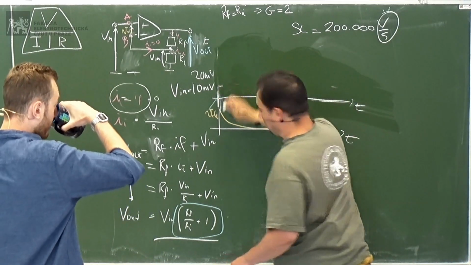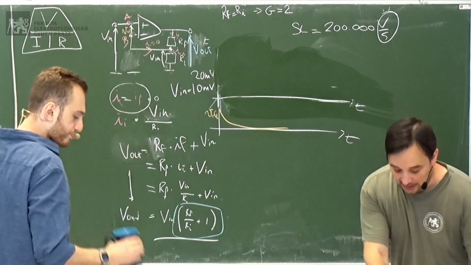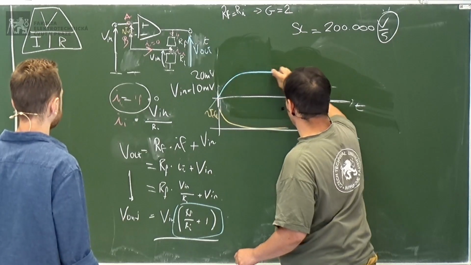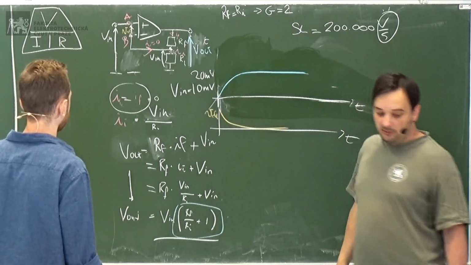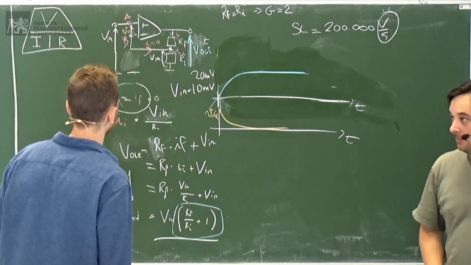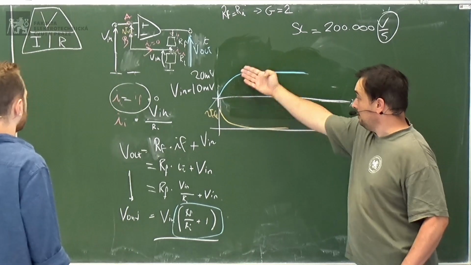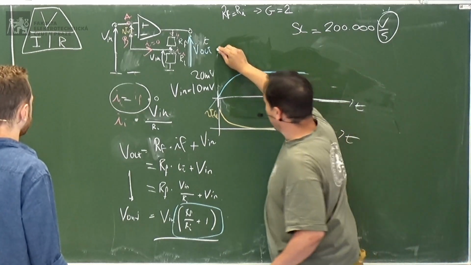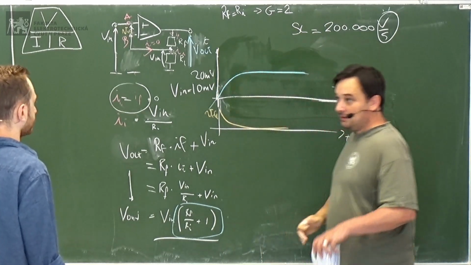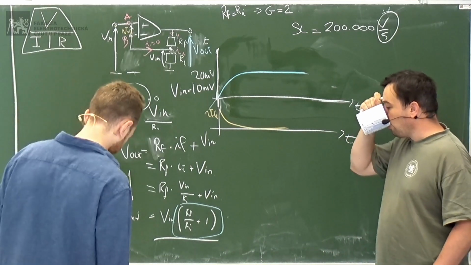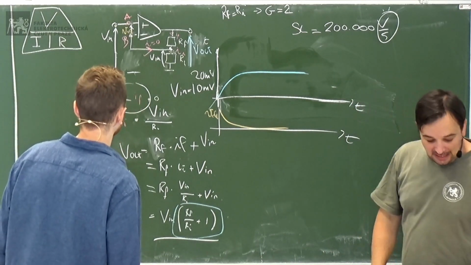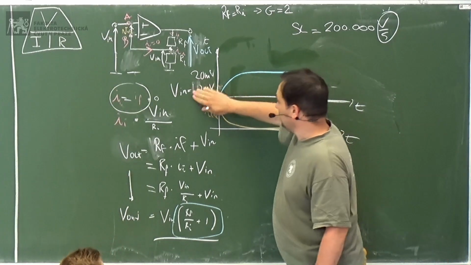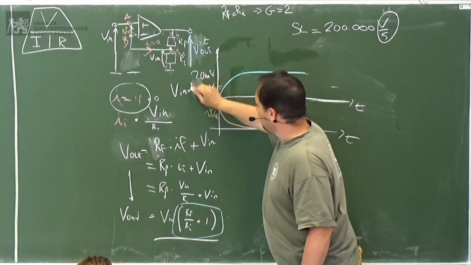So let's draw only V out. In this case, it was going to 20 millivolts because the gain was 2, and the speed of the output change is limited by the slew rate. Now, what if the input becomes 100 millivolts?